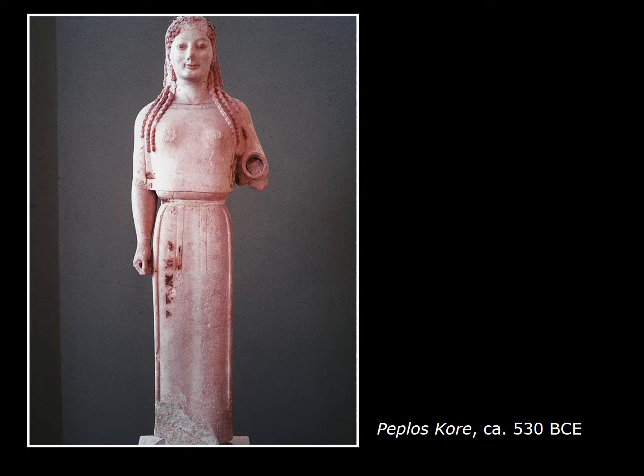Although the function of kore figures is also unknown, some have interpreted them as votive sculpture because we tend to find kore among the ruins of temples, where we find the kouros among the gravestones and burial sites. This peplos kore was buried for more than 2 millennia, which protected the painted surface from destructive elements of atmosphere and bad weather.